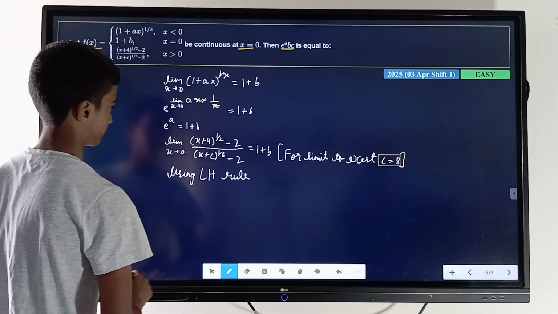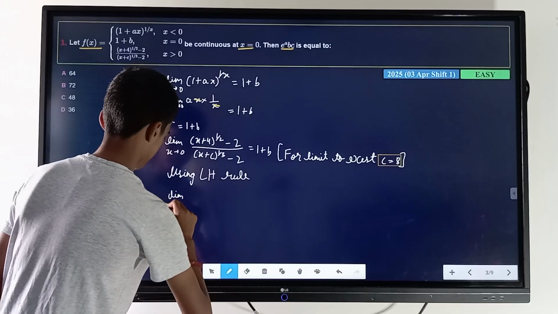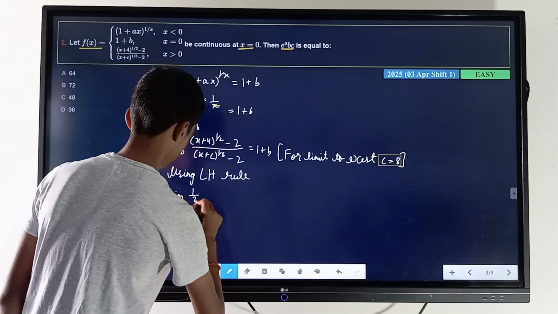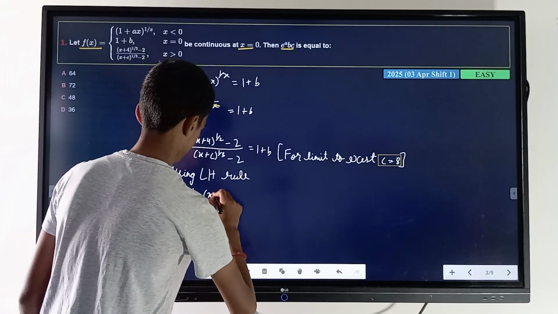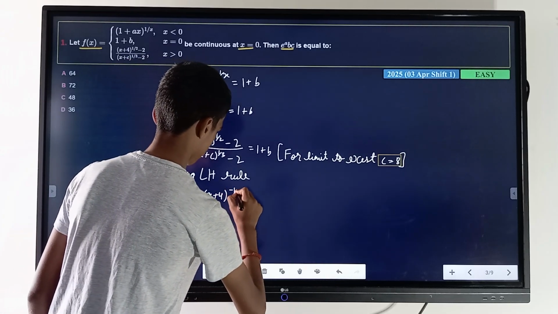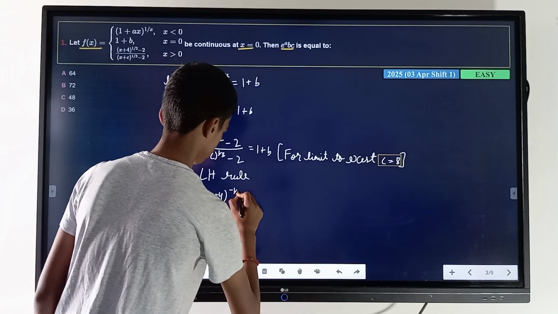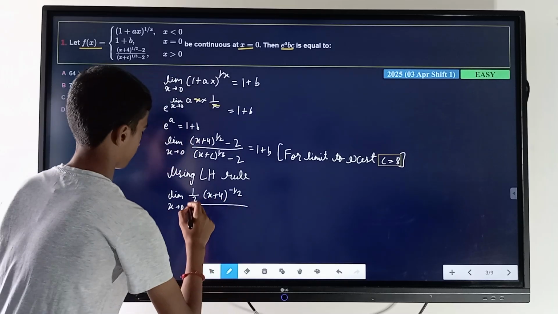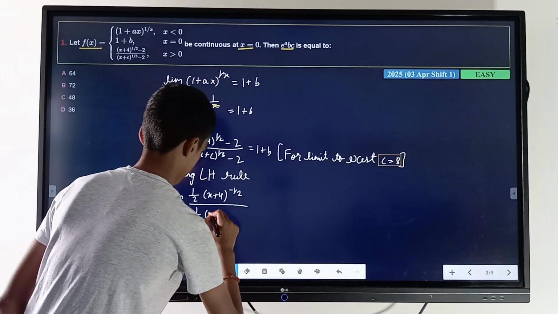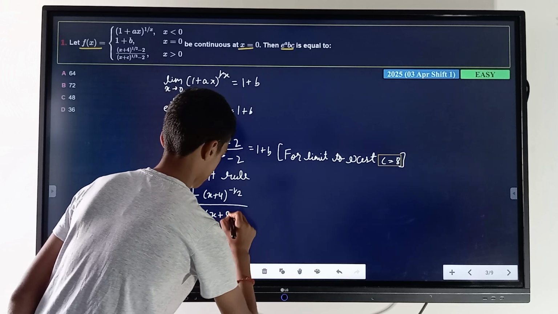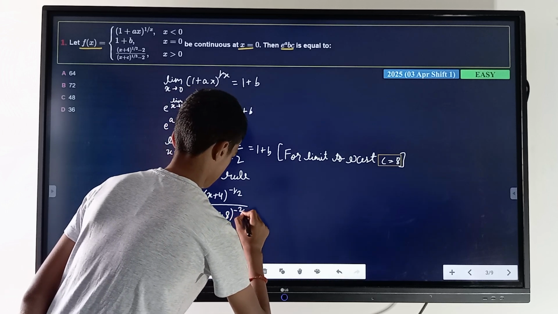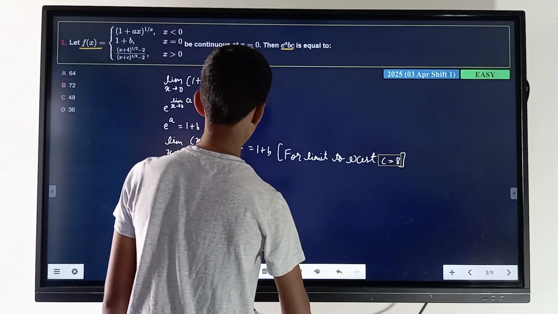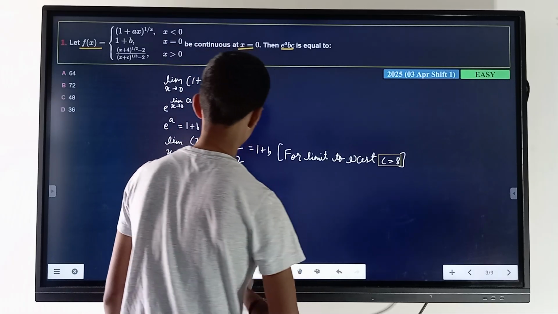Using L'Hospital's rule, this will be limit x tends to 0, 1 upon 2 (x plus 4) raised to power minus 1 upon 2, divided by 1 upon 3 (x plus 8) raised to power minus 2 upon 3, and this is equal to 1 plus b.